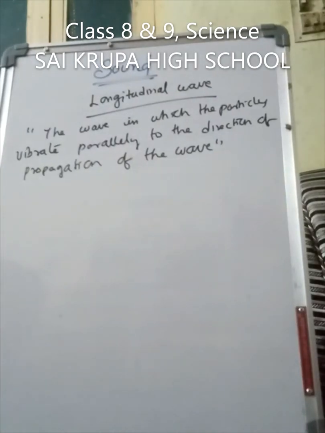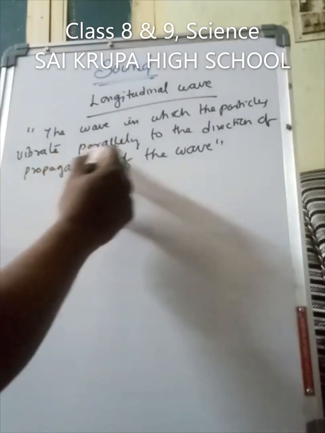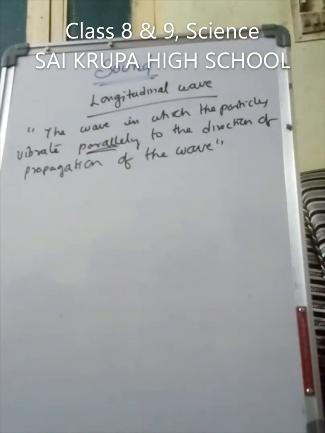What is the meaning of parallel? Parallel means in the direction of propagation of the wave. So if the wave is moving from left to right, the particles of the wave also move from left to right. That kind of movement is called parallel movement. So the wave in which the particles vibrate parallel to the direction of propagation of the wave is called a longitudinal wave.